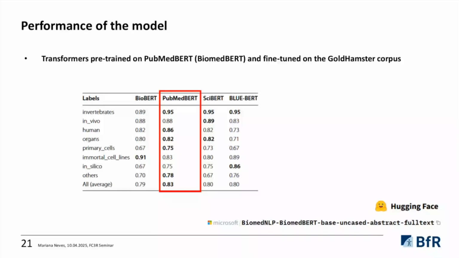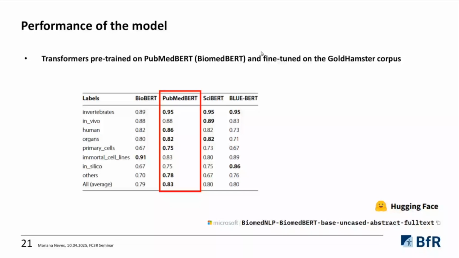It's not that large in comparison to what's behind ChatGPT or the new models that you see nowadays, but it's a language model that was trained, as the name says, on PubMed. And so you can say that this language model has some pre-knowledge of PubMed, of this biomedical domain already, and we just fine-tuned.